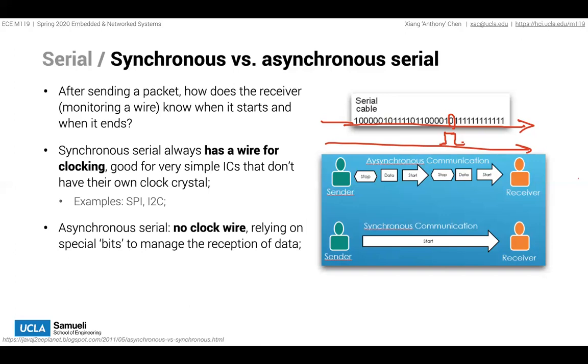Another method is called asynchronous serial, which means there's no clock wire. Instead, I rely on special bits in the data wire to make sense of when the data starts and ends. One example of this mechanism is UART. SPI, I2C, and UART will all be discussed later in this lecture.